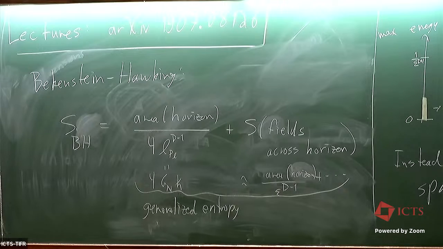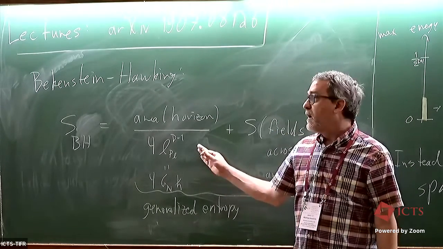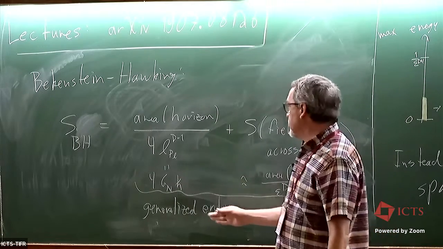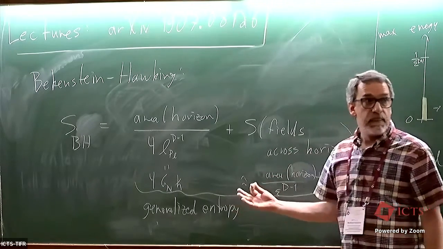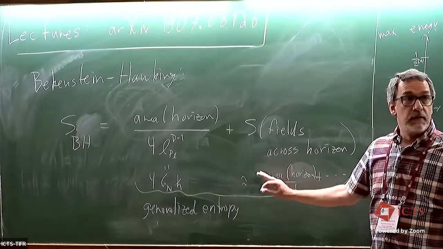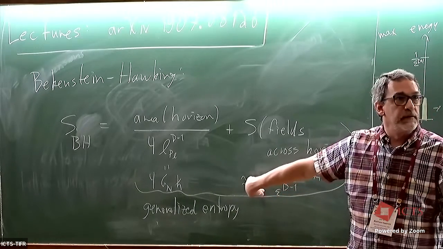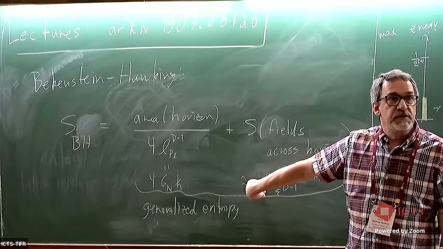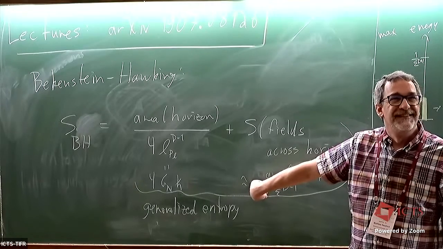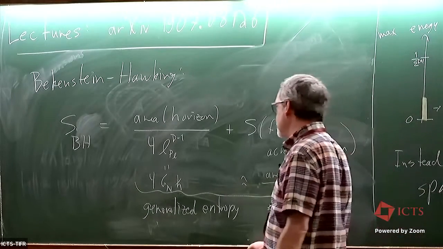I just took the term that Bekenstein and Hawking derived just by considering the thermodynamics of black holes. And I added to it a term that does not have a G Newton in it, that depends on the quantum fields. So for example, the coefficient here will depend on how many light quantum fields I have and other details of the theory. Does that answer your question, Spenta? No. We can discuss after. Okay, so let me proceed and maybe I'll answer it or maybe I'll just make the situation worse.